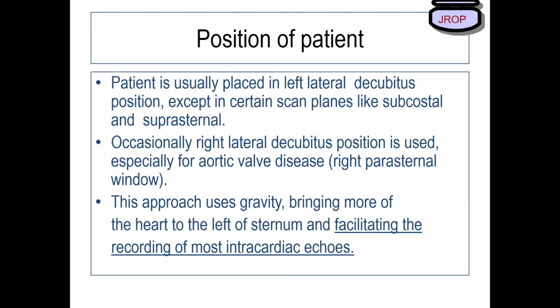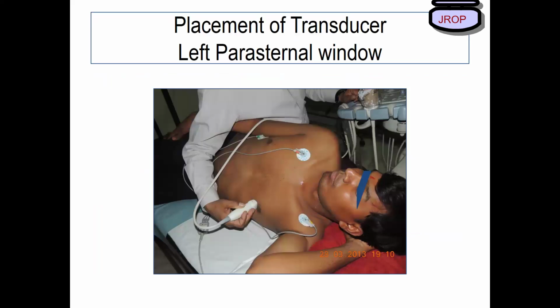Now comes the position of the patient. All of us understand that when we lie down on the left side of our chest, our heart comes closer to the apex. And that facilitates doing echocardiography. This is an image from our own department. Here is a person lying on a bed turned to the left, with the index marker over here. This is the index marker of the probe.